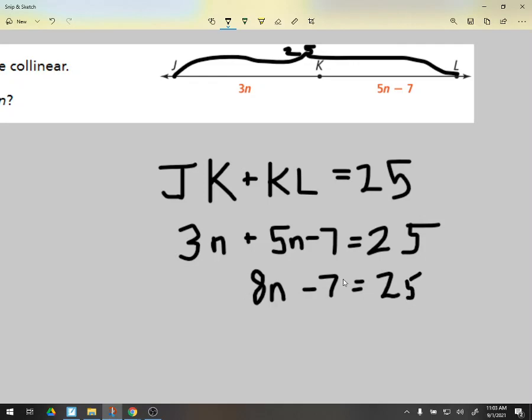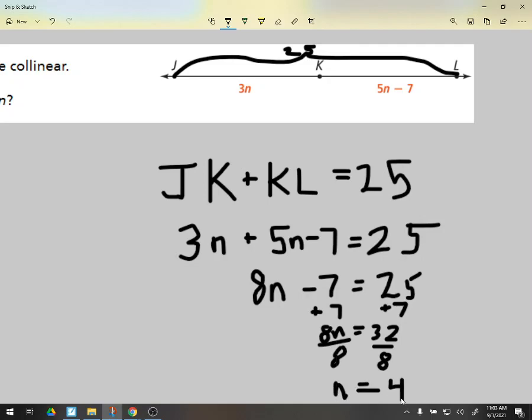And then we just solve this, right? Add the 7 to both sides, then divide by 8. So plus 7. 25 plus 7 is 32. So 8n is equal to 32. Then divide both sides by 8. And 32 divided by 8 is 4. So n is equal to 4.